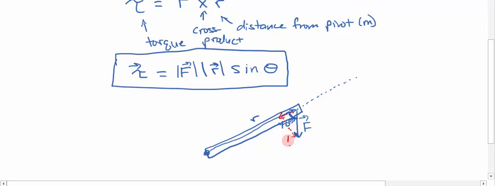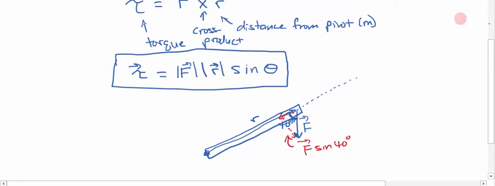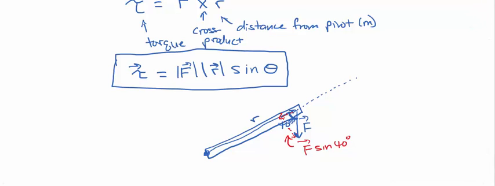We're going to zoom in on that component, and that component is going to be F times the sine of 40 degrees. So even if this is at an angle, if you know the angle between the line that connects the pivot and the location where the force is being applied, you can still use this equation and just plug that angle in for theta. That's the calculation of theta.